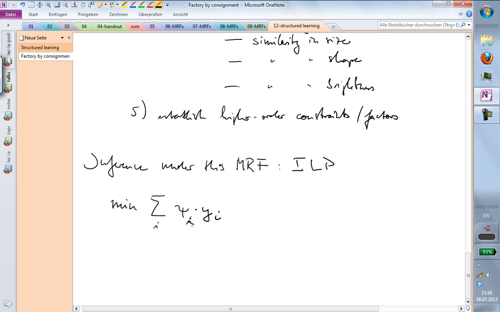So psi_i would be the cost of an association, and y_i means that I actually activate it. And now we require that each of these y's is a binary variable. Let's say there are a total of m detections here.